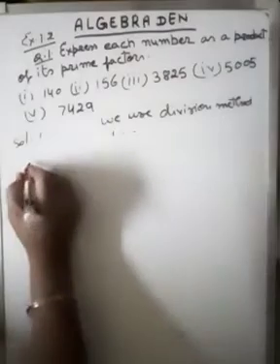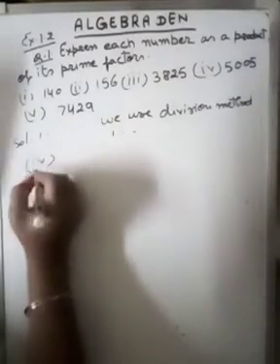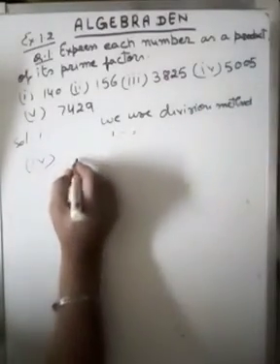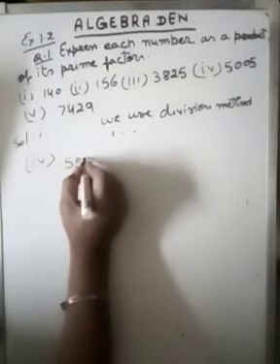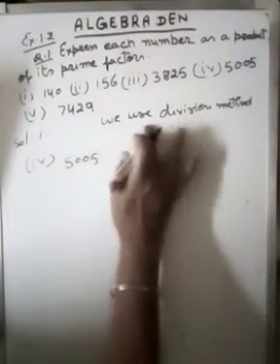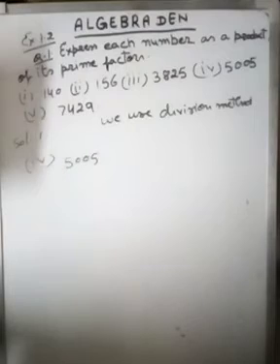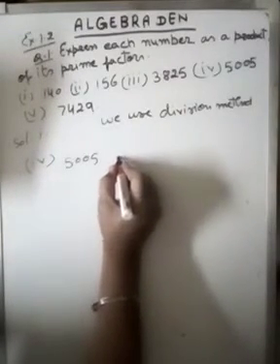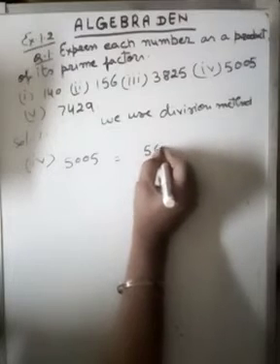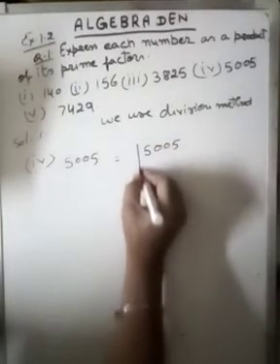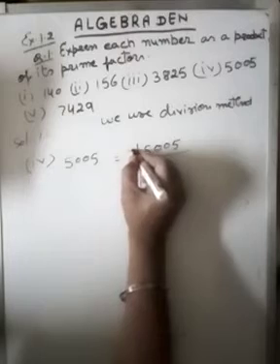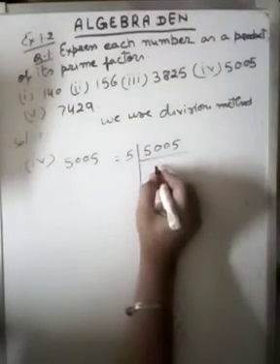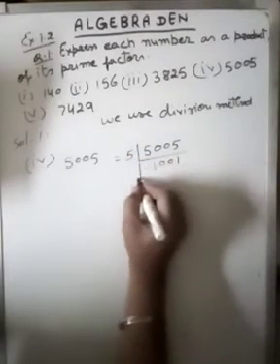Fourth part is prime factorization of 5005. In all these divisions we use the division method. 5005 using the division method. First divide by 5, it becomes 1001.